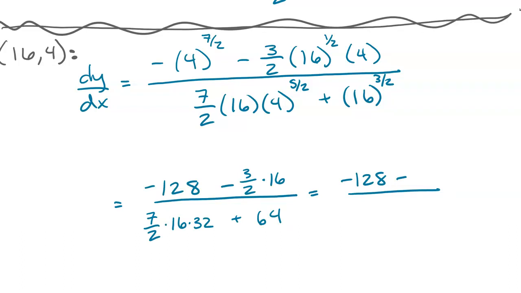Okay, so there we go. And 3/2 times 16 is 24. 7/2 times 16 times 32. 16 divided by 2 is 4. 7 times 4 is 28. 28 times 32. No, that's wrong. 16 divided by 2 is 8. 7 times 8 is 56. There we go. 56 times 32 is 1792 plus 64.